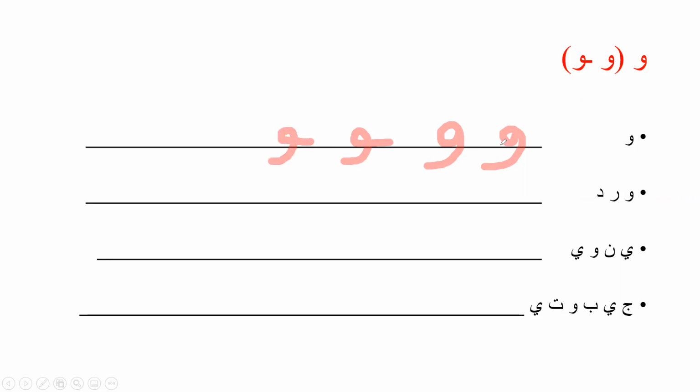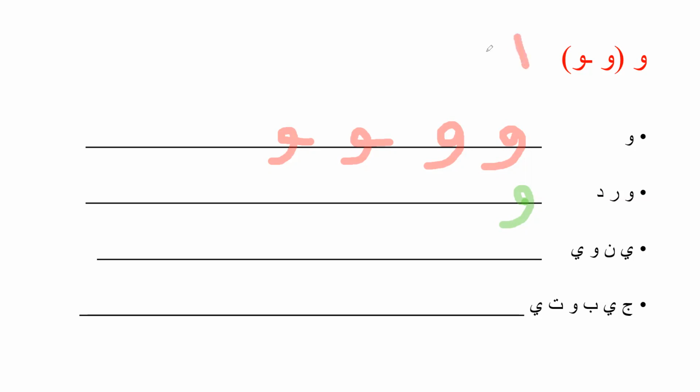Now let's see the words. Wow, ra, dal. Ward. So ward is actually a flower, or flowers. Here is my wow. It does not connect after. So this is the last letter in the group of letters that do not connect after. So we have alif, dal, dhal, ra, zai, wow. Here they are.